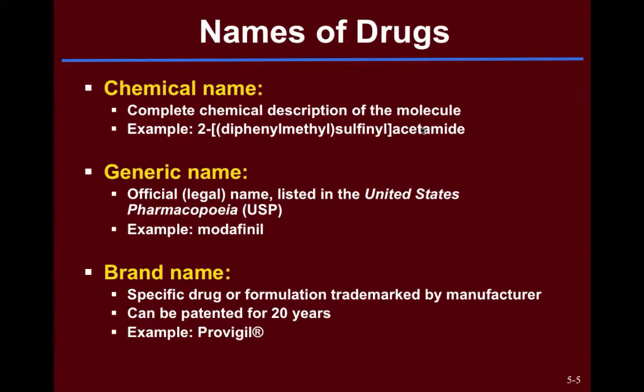And they're able to keep that trademark for 20 years. So the examples on the slide here are for the prescription drug Provigil. We've got the generic name of modafinil, and then the chemical name, which I'll have you read. So we can see how an individual drug is known by at least 3 different names, and then often for drugs of abuse, we see a long list of street names that the drug is known by as well.